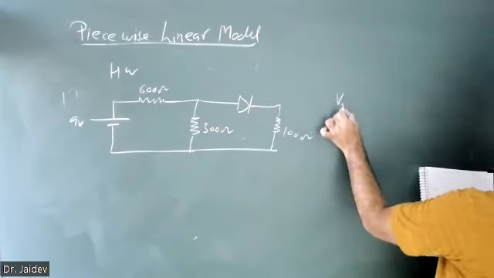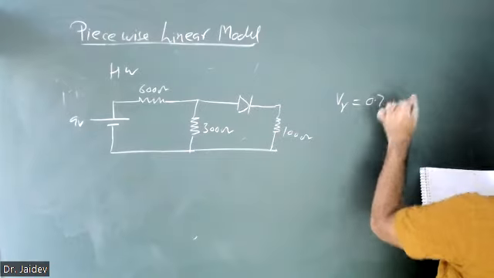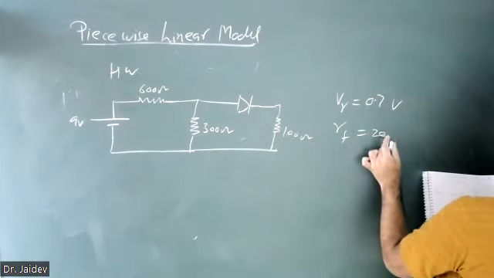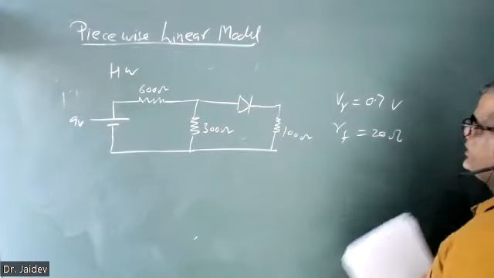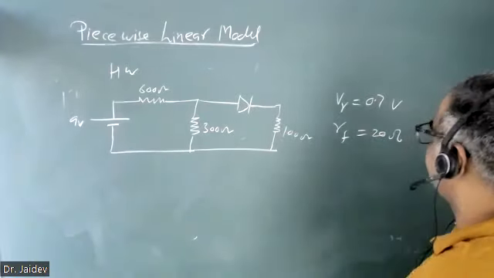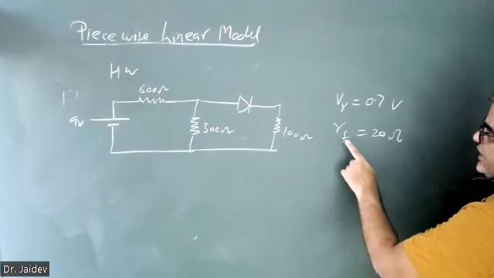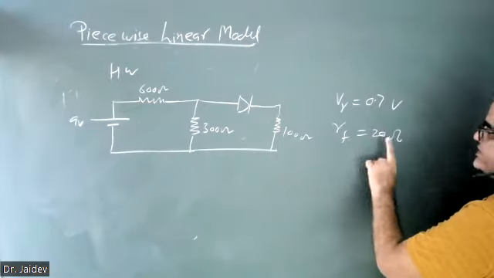V gamma cutoff voltage is given 0.7 volt. RF is 20 ohm. Okay, so in this question you need to replace the diode, which is forward bias, by 0.7 volt and forward resistance 20 ohm.